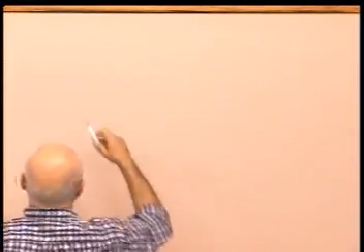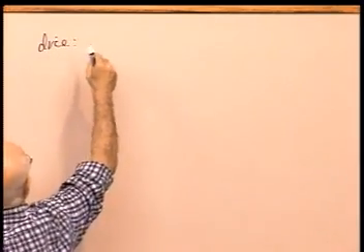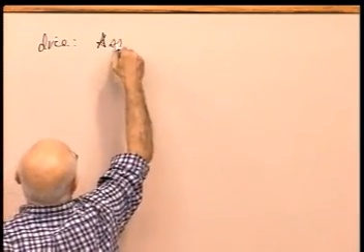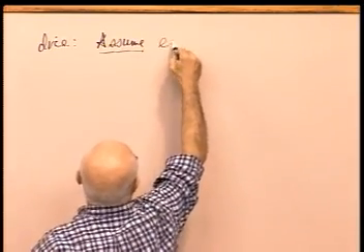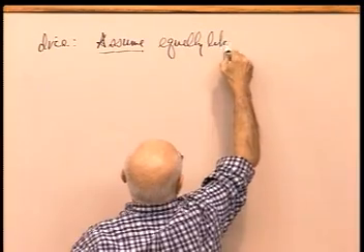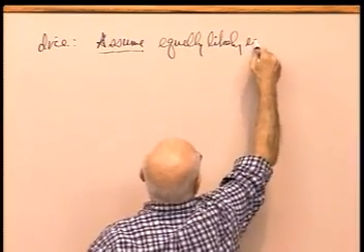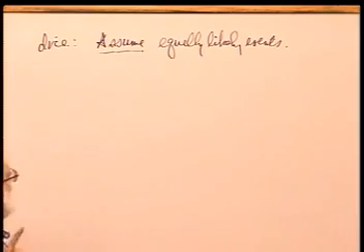Okay, so first of all, we're talking about dice, and I'm going to assume equally likely events. All right, so I got to really be more careful about that. What I'm assuming here is this.